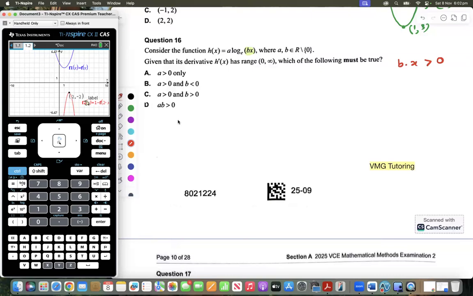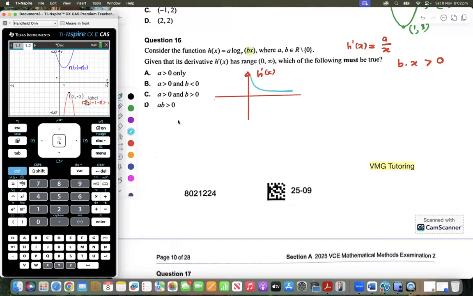So graphs wise, if I get the derivative of this, so h dash x is equal to a over x, right? Let me think it again. Okay, a over x is a hyperbola, right? You said that your h dash of x function, which is your hyperbola, right?